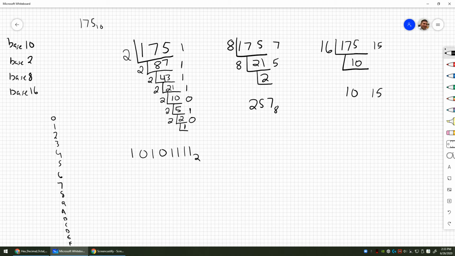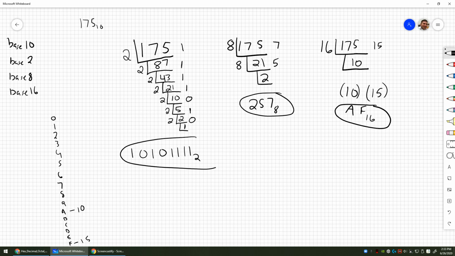What is a 10? Well, the 10 is the A, and the 15 is the F. So all we do is convert these. That 10 is an A, and that 15 is an F. And there we go. 175 base 10 is AF base 16. 257 base 8. 10101111 base 2.